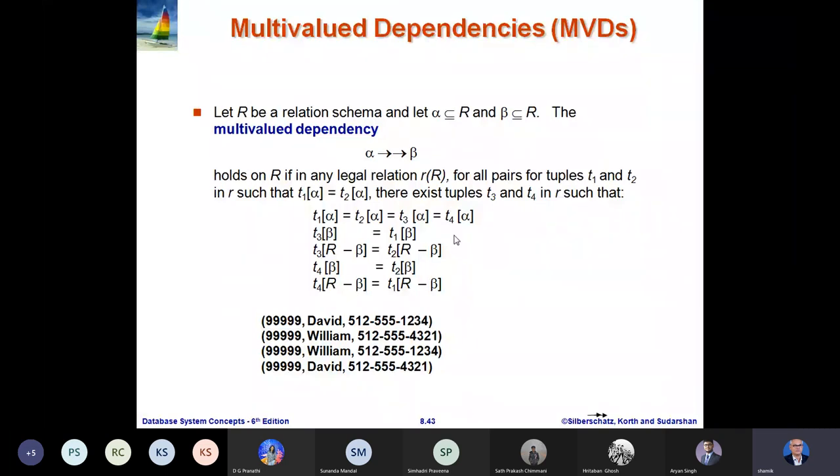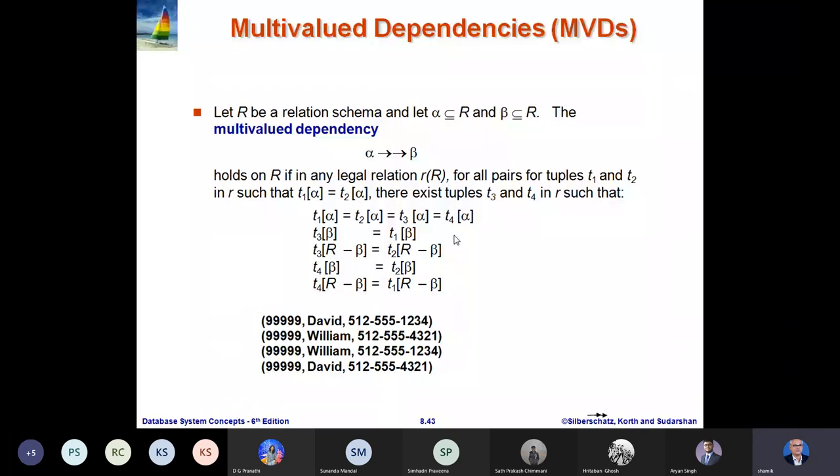If in any legal relation r of R, for all pairs of tuples T1 and T2 in r such that T1 alpha is equal to T2 alpha, there exist tuples T3 and T4 in r such that T1 alpha equals T2 alpha, which equals T3 alpha equals T4 alpha. T3 beta is equal to T1 beta. T3 R minus beta is equal to T2 R minus beta.